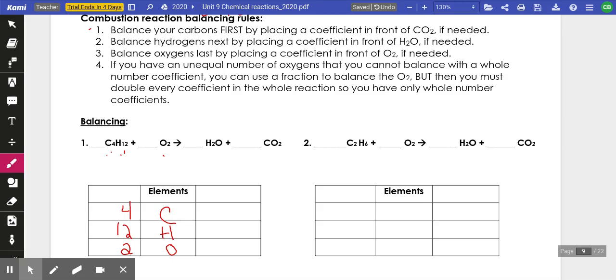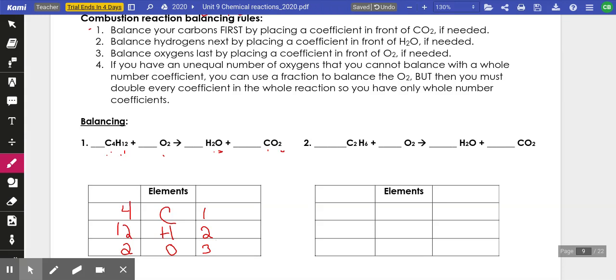On the product side, I only have 1 carbon, 2 hydrogens, but I have 3 oxygens. I have 2 oxygens coming from the CO2 and a third oxygen coming from my water, so I'm going to write 3 there total.